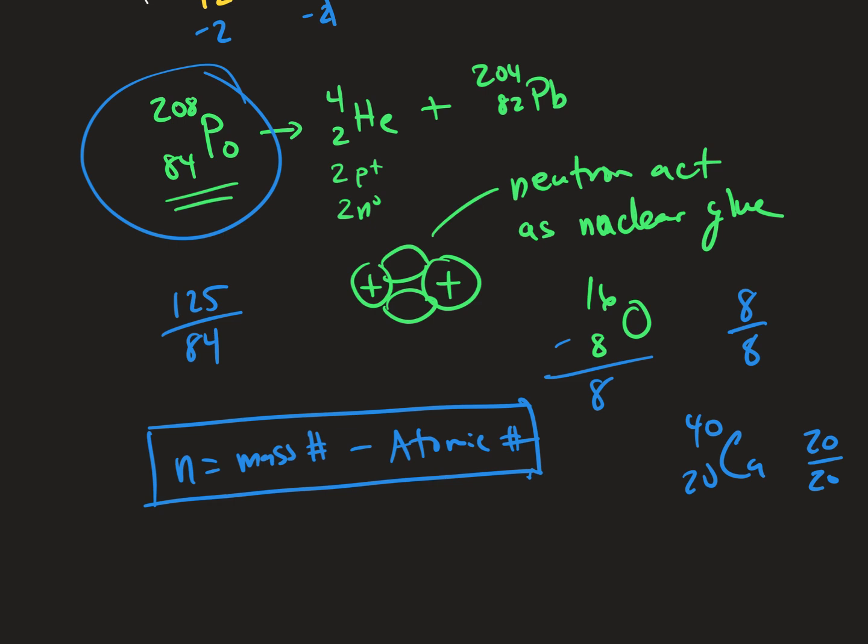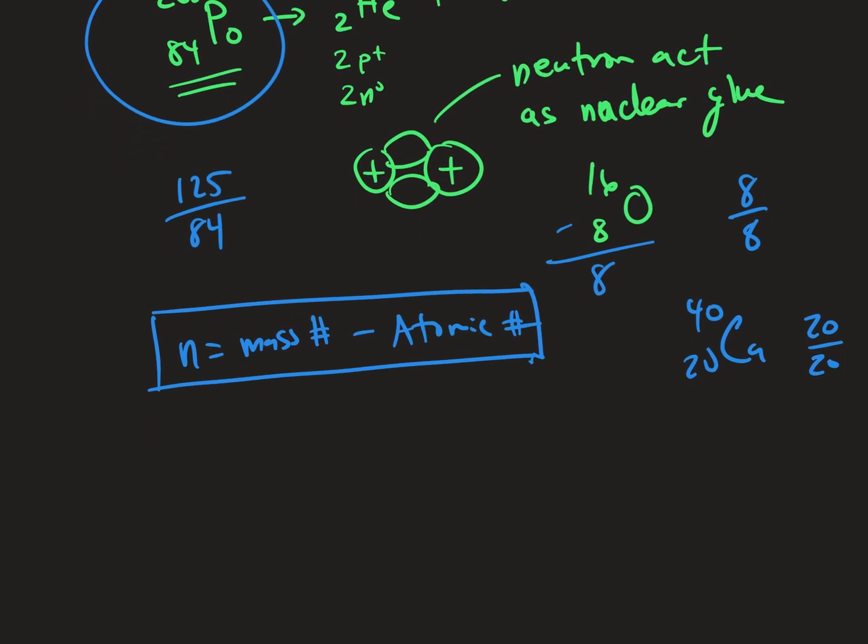Okay. So we can say alpha emission occurs when there are too many protons.